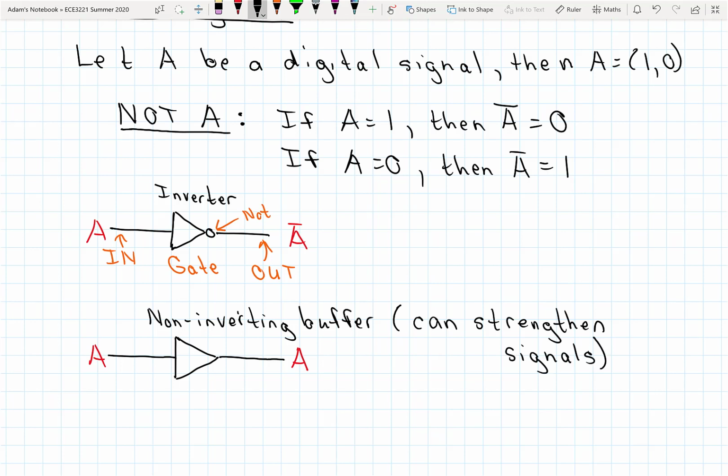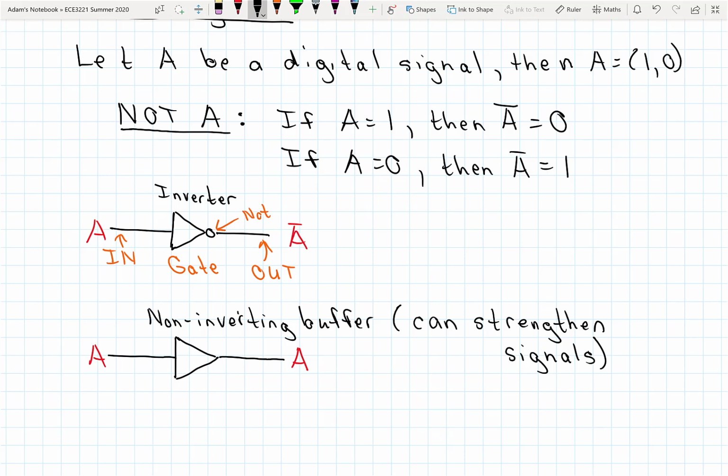We'll come back and revisit this in a bit, but we'll see that logic gates have a limited capacity to supply current from their outputs, and buffers can act to provide additional current capabilities from the output.